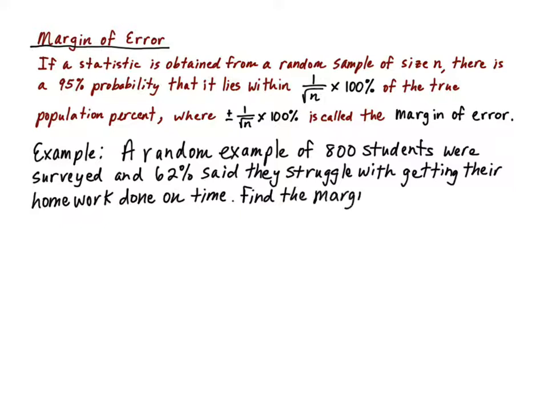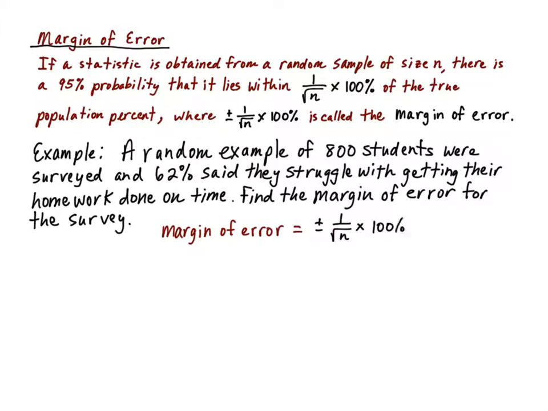All right, so find the margin of error. And we have a formula. Margin of error equals plus or minus 1 over the square root of n times 100%. Now in this case, n is 800. It's our sample size. And so this will be 1 over the square root of 800 times 100%.